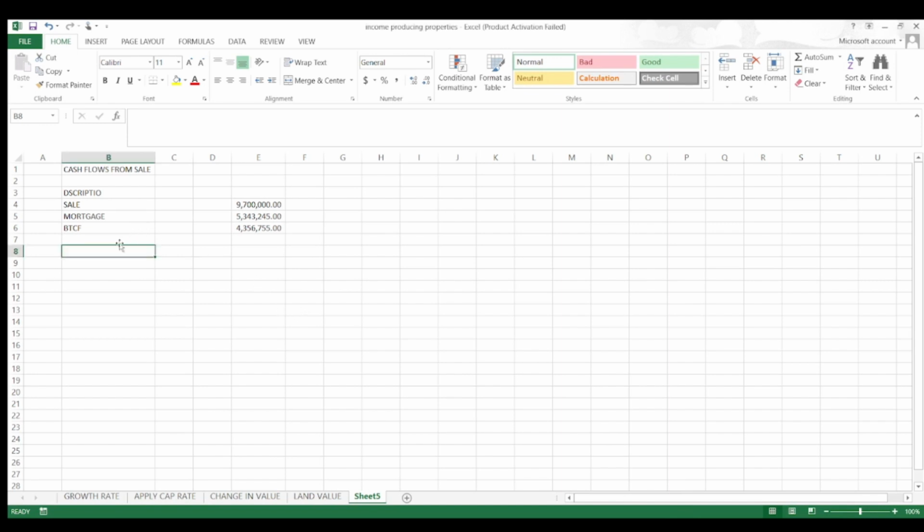So first, we have our price appreciation. In this case, the price appreciation equals the sale price less the buying price, which, for our example, the property was bought for 8.5 million shillings.